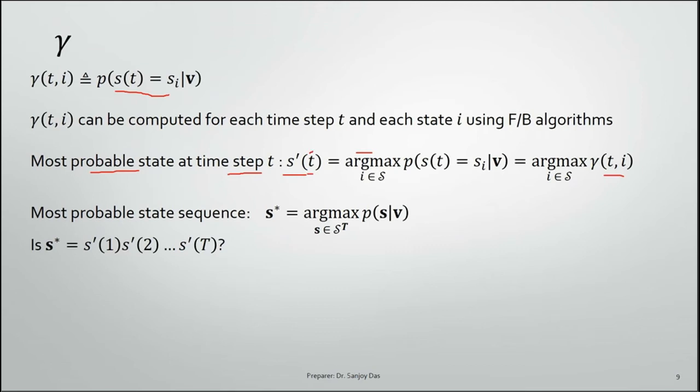So we get the most probable state at time step 1, the most probable state at time step 2, up to the most probable state at time step T. If we concatenate them, is S star equal to this string S prime 1 until S prime T, the sequence of most likely states at each time step? Is that the most probable state sequence S star? The answer is no.